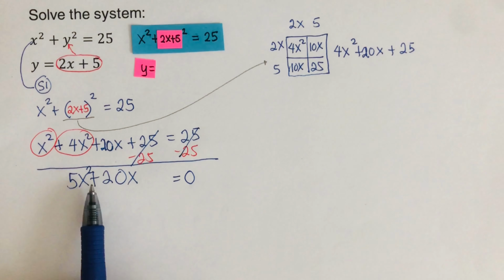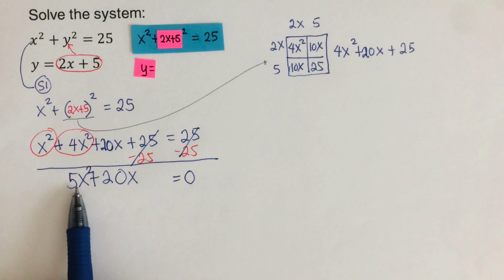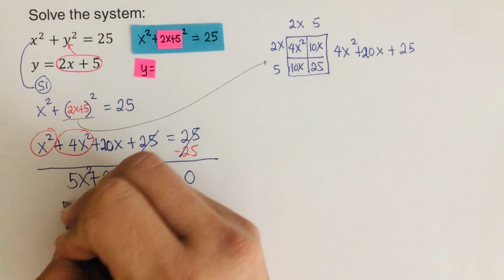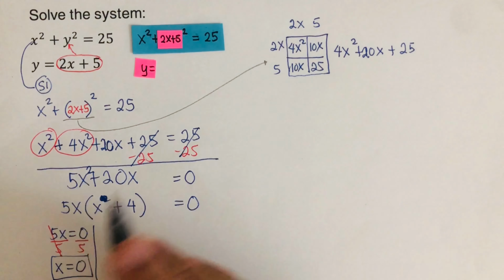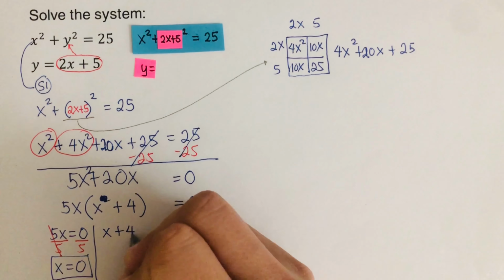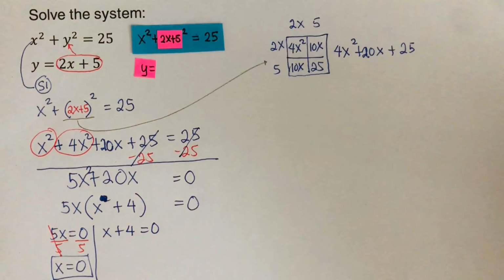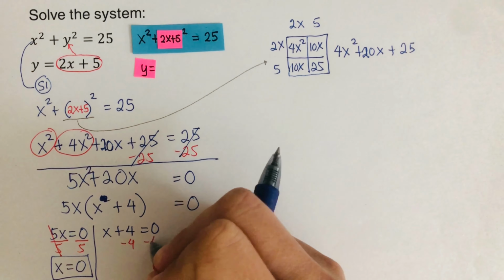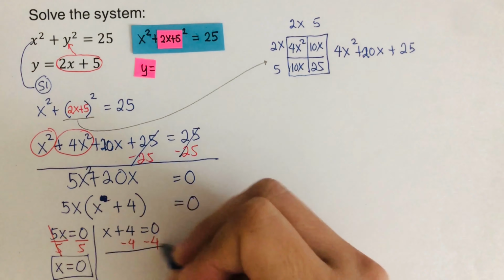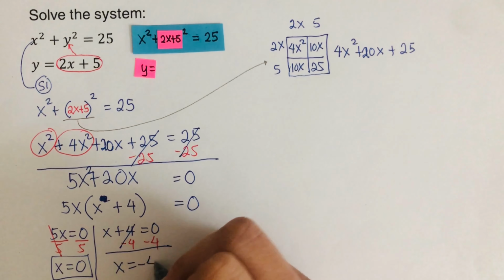Then we factor out 5x, so we have x plus 4 equals 0. Then we subtract 4 from both sides, so we are left with x is equal to negative 4.